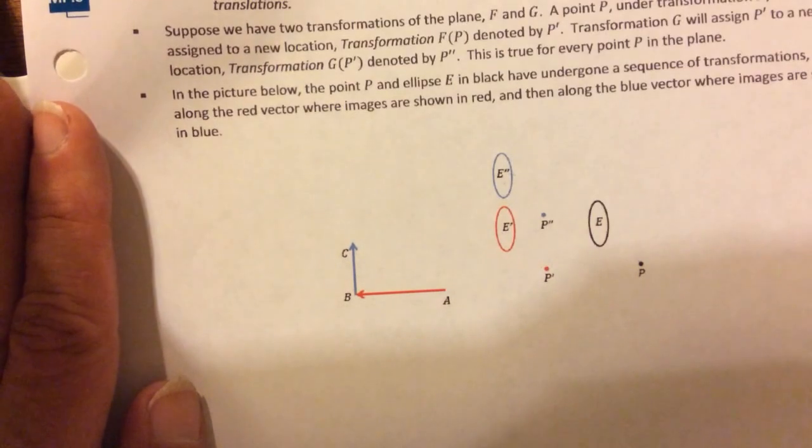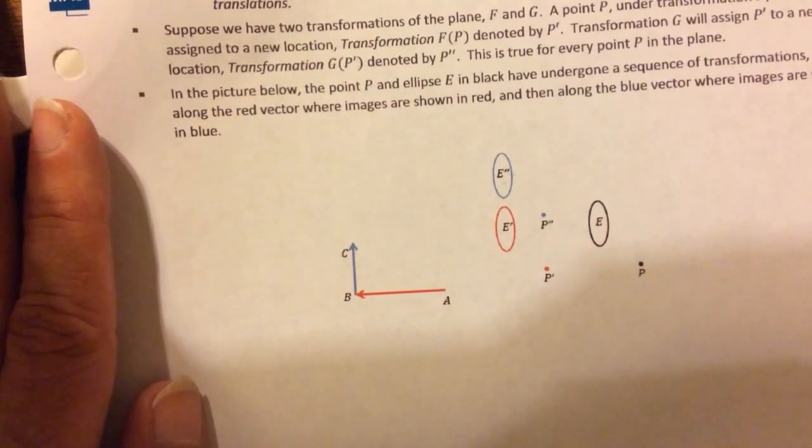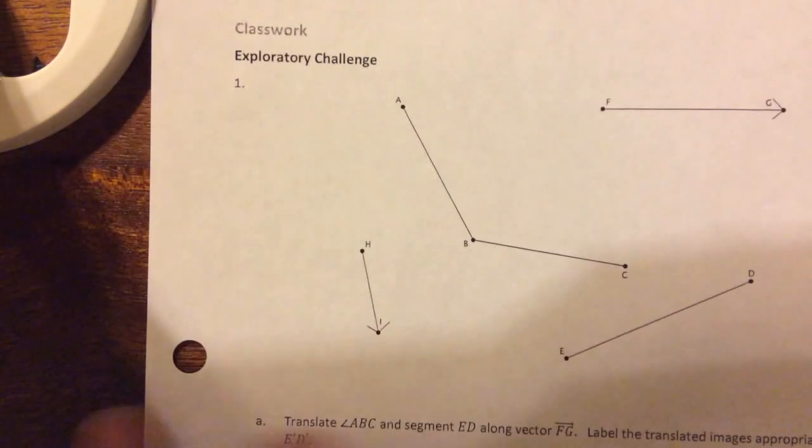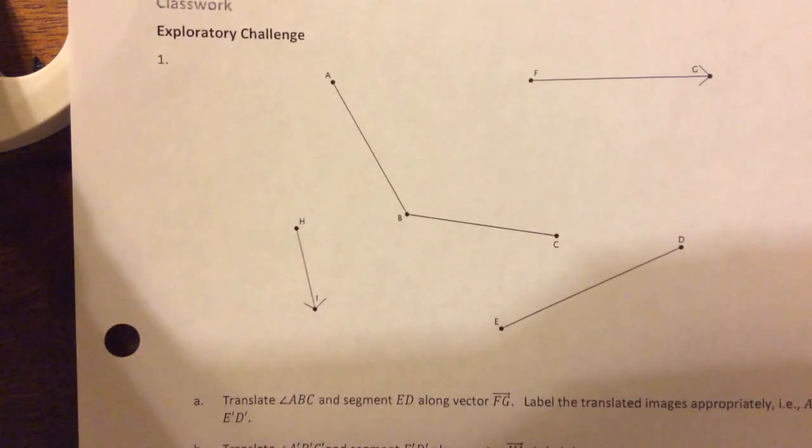Okay, so we're going to do it. I'm going to get you started on exercise 1, and then I'm going to let you work on exercises 1 through 4. Okay, so in this first exercise, exercise 1, we have several directions down here.